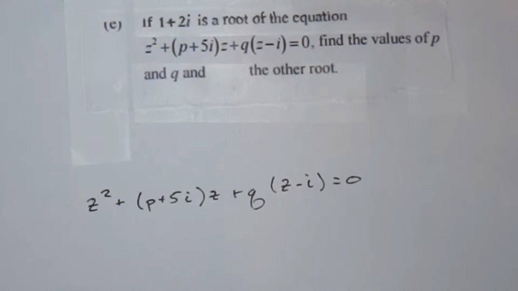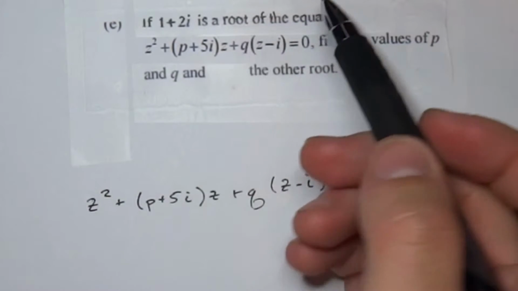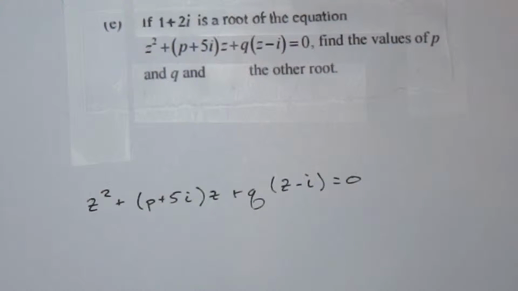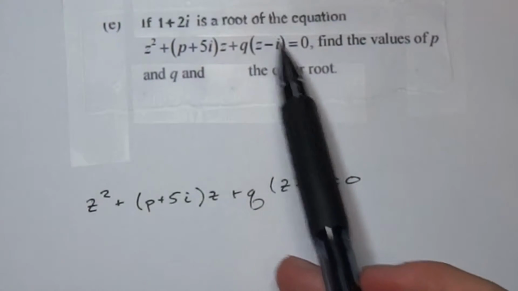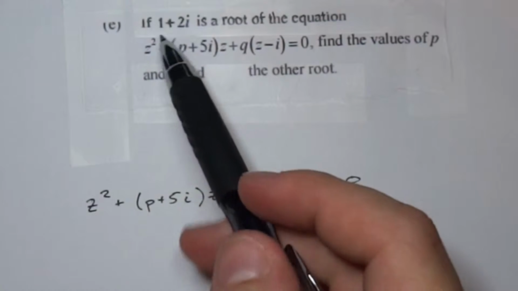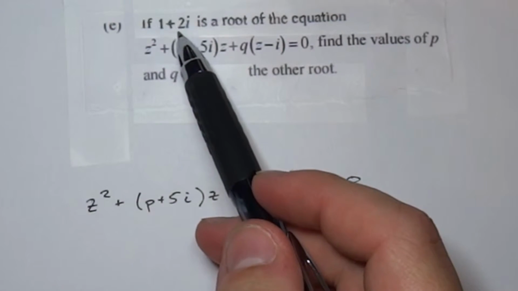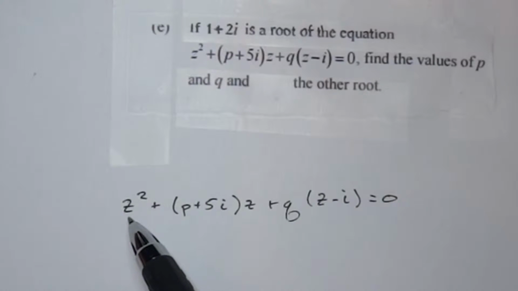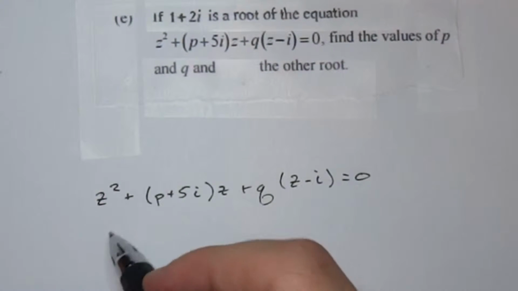Okay, so what does it mean to be the root of the equation? Well, when you're the root of an equation, that means when you plug that number into the equation, you end up with 0 as your final answer. So that's exactly what I'm going to do. I'm going to take this root of 1 plus 2i, and I'm going to plug it in for z right here. So what's that going to give me?